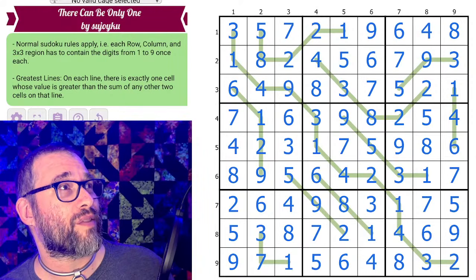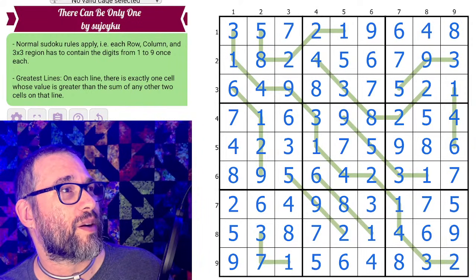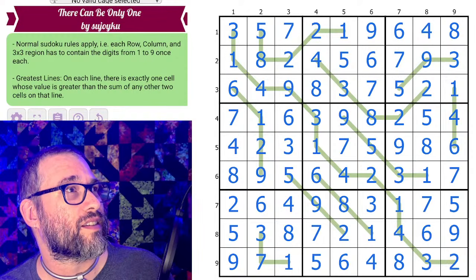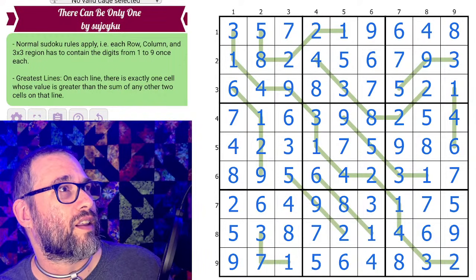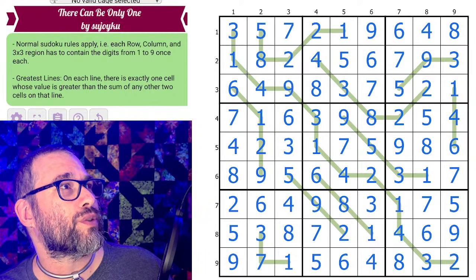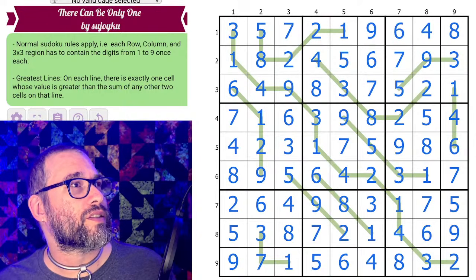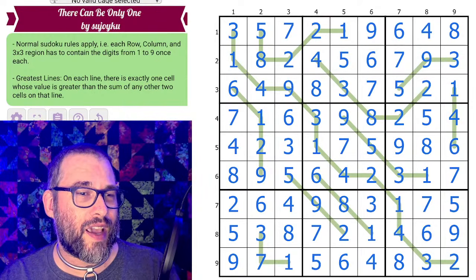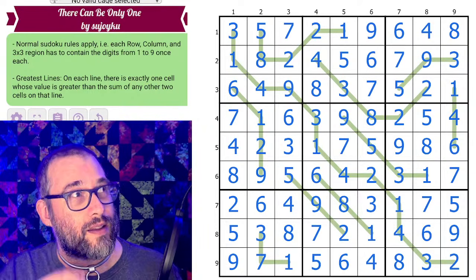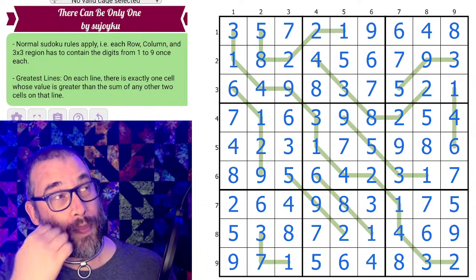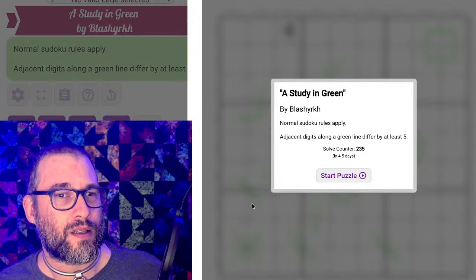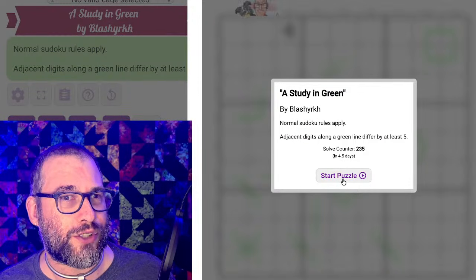Well, I do have a couple of other puzzles in here with this line. Let's do what looks to be a quick little German whispers puzzle by Blaschirk.